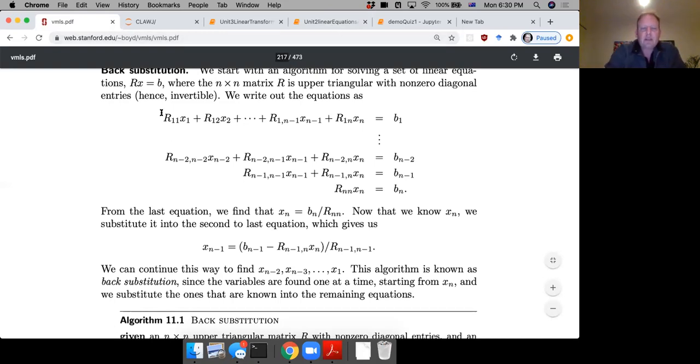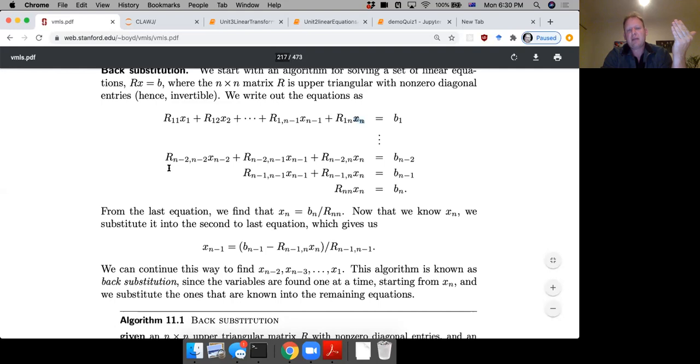All right. So look at the system of equations. R11 times x1, where x1 is a scalar, plus R12 times x2, plus up to R1,n minus 1 times the penultimate variable, penultimate meaning one before last, plus R1n times xn. And then here comes the second row, but this second row doesn't have R11.